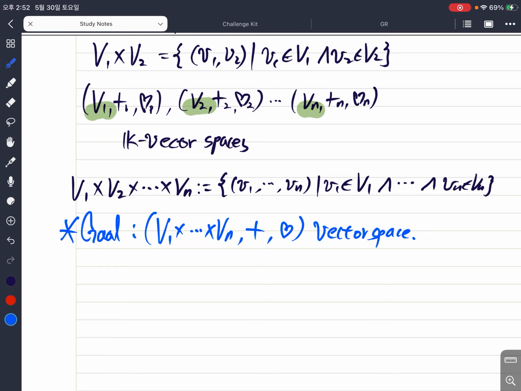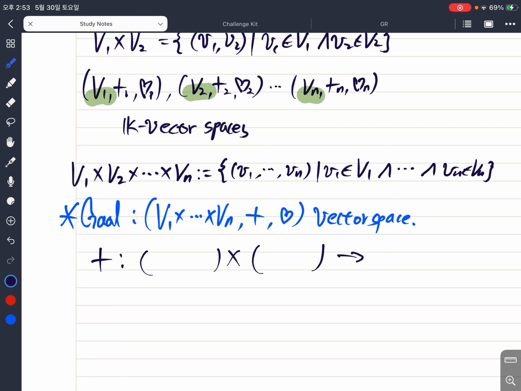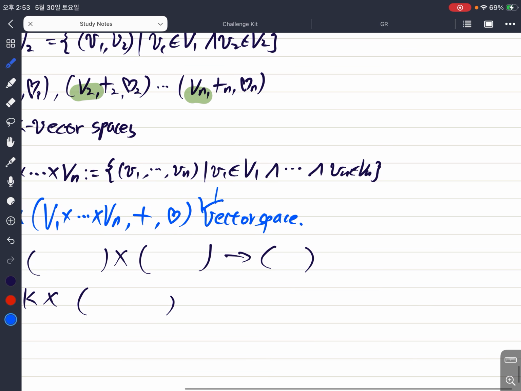This is what you always want to check first. Of course, plus should be, I don't want to write the domain, just some bracket, and scalar multiplication is K times, I always forget to write K vector space to be clear.